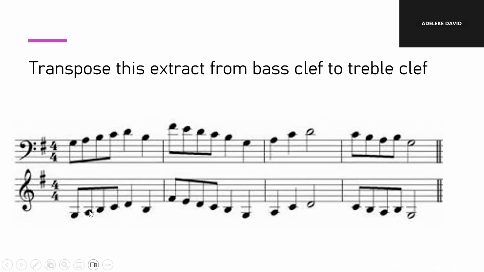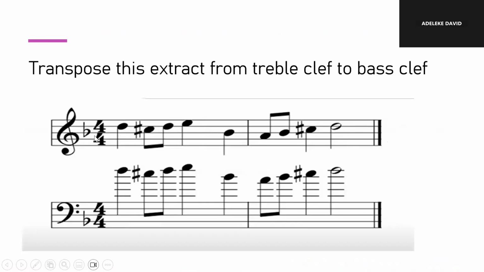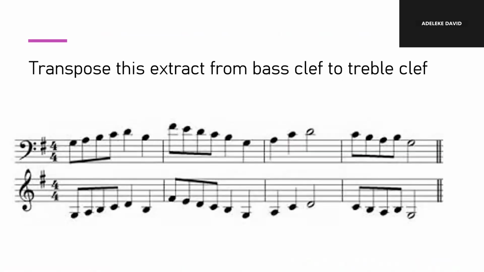So when you are rewriting it on the treble clef or stave, it will require you to use ledger lines, just like we had in this example as well. So you are just doing octave writing of an extract from one stave to the other. So that's the whole essence of this transposition.